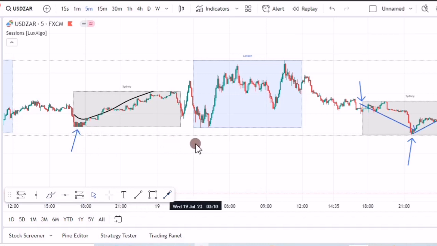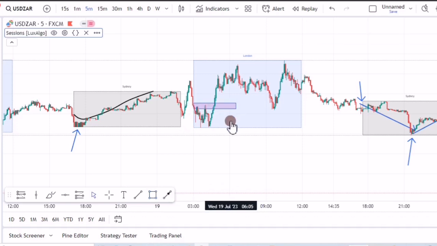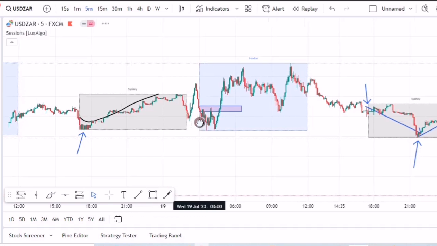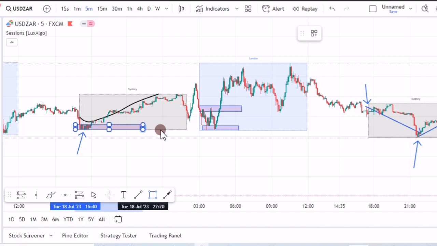Okay, so when the London session opened, you mark that candle where the London session started, price dropped, okay, and right here when it started giving you rejections, okay, right there, when you see price failing to go beyond this key level, because this key level is this one, okay, is this long key level.